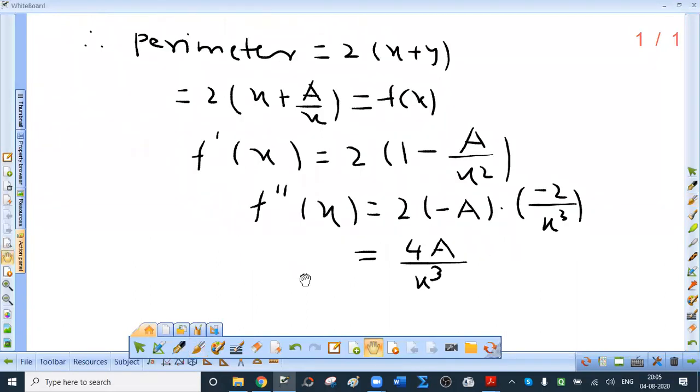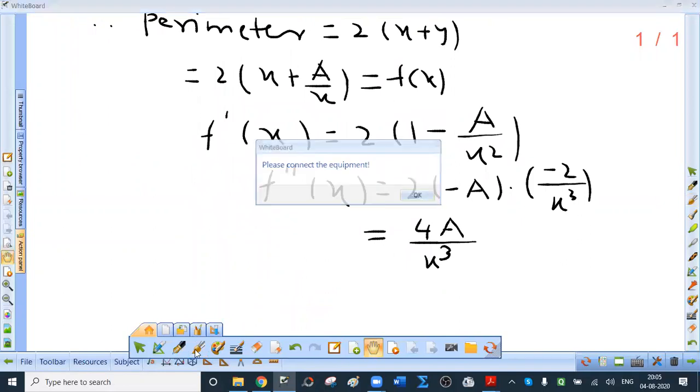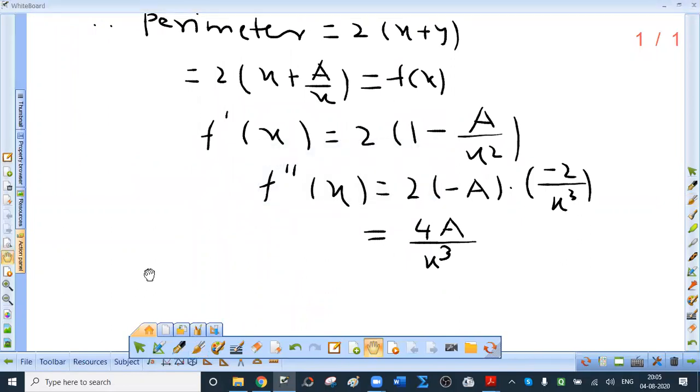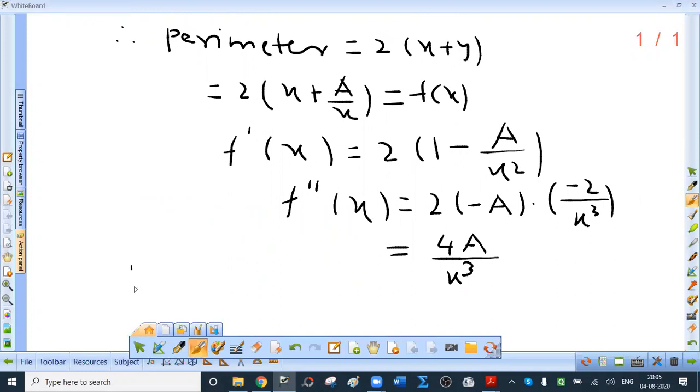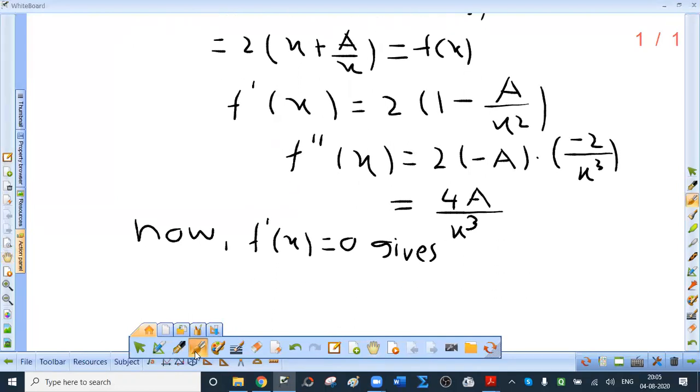Now solve the equation f dash of x equal to 0. Tell me, what does it give? It gives 2 into 1 minus a upon x square equal to 0.